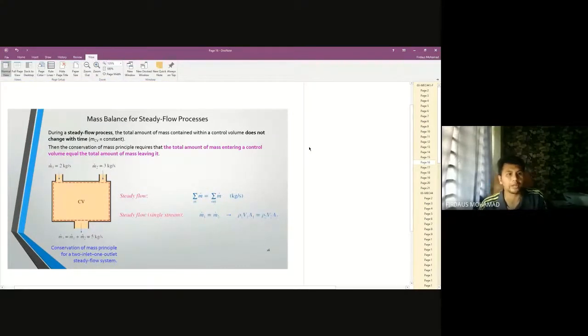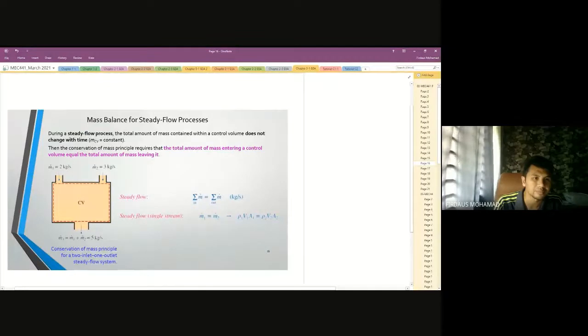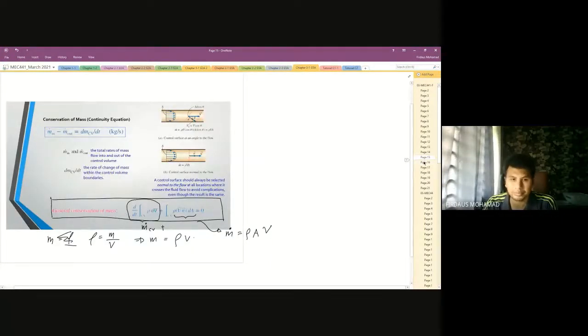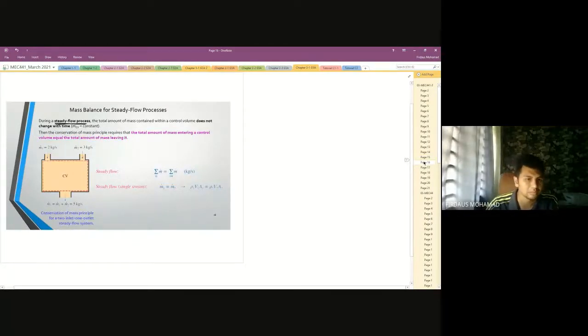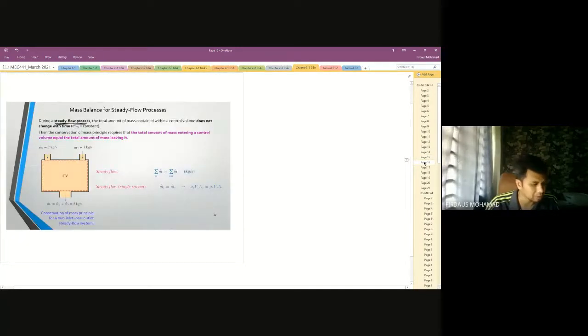So during a steady flow process, what is steady? What is steady? I explained the meaning of steady before. What does steady mean? You don't remember anymore? Constant. Time is constant. So it means no variation of variables with respect to time.